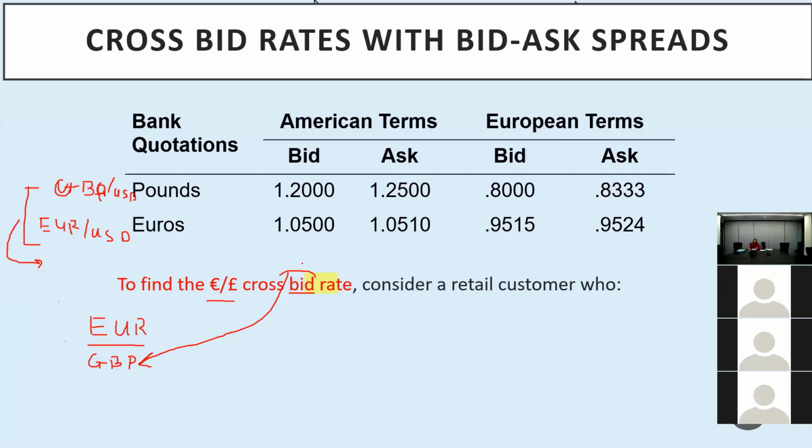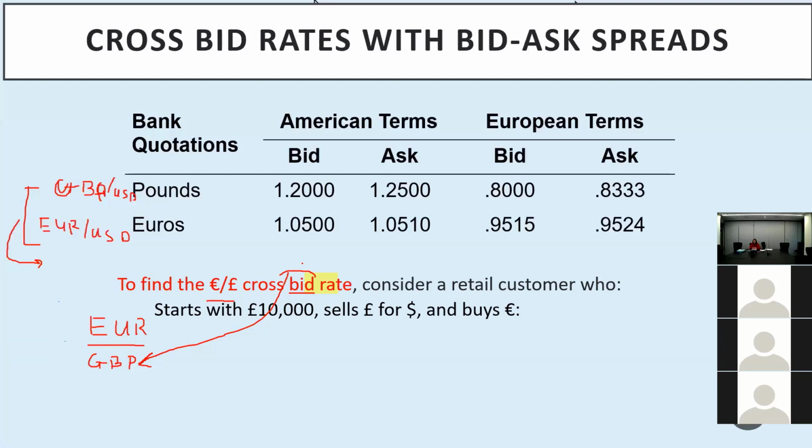So let's consider this from a customer's point of view, from a client's point of view. So when the client starts with 10,000 pounds, and when they sell the pounds to get the dollar, after that they will use the dollar to exchange for the euro.